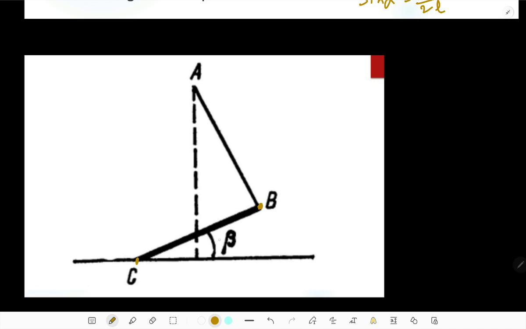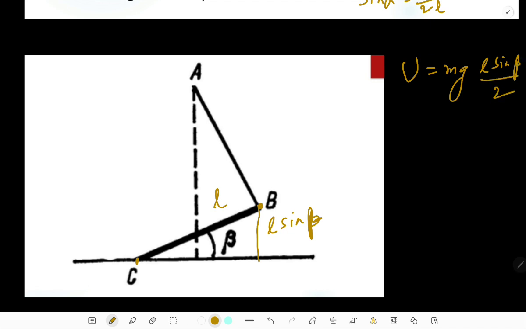If at this moment the stick makes an angle beta with the horizontal, then this length will be certainly L sine beta, because this length is L. So this length will be L sine beta, and its potential energy at this moment can be simply written as mg L sine beta by 2. Remember, we are referring to the potential energy of the rod as the potential energy of the center of mass of this stick or rod, whatever, I'm using it interchangeably.